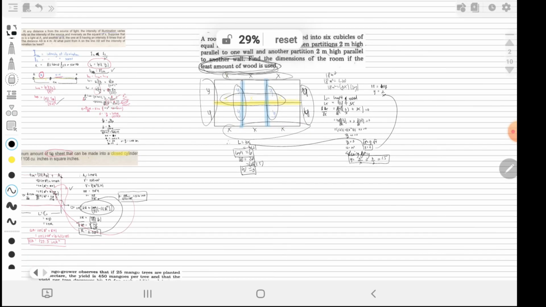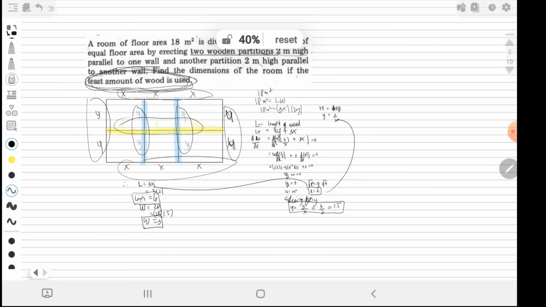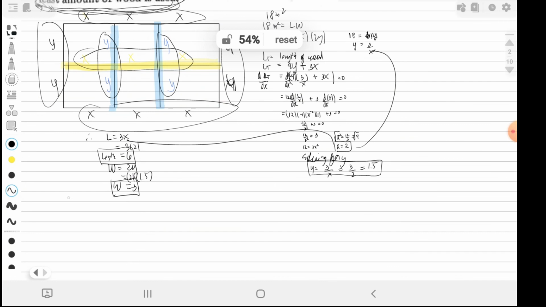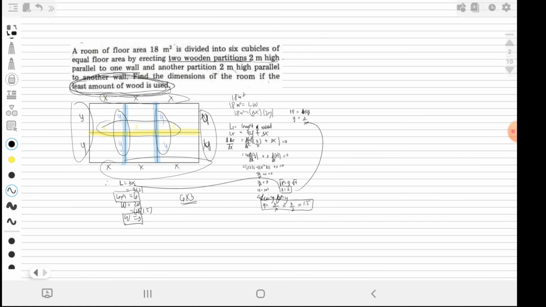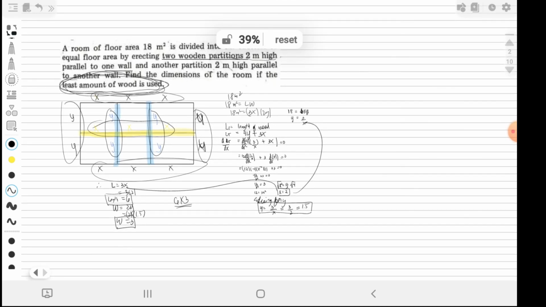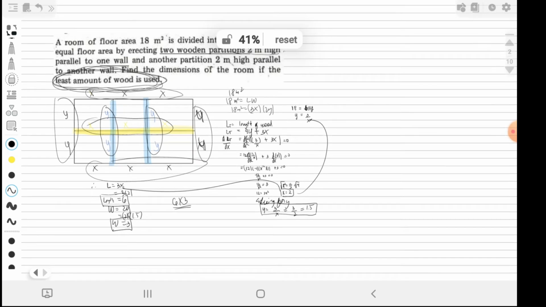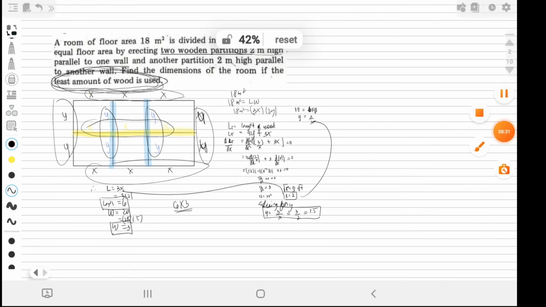So, ayun. Okay, so the dimensions will be 6 by 3. Kahit pagpaliktad dyan, dimension pa rin yan. Okay? So, that would be our dimension in order to have the least amount of wood to be used in our cubicles. So, yan.